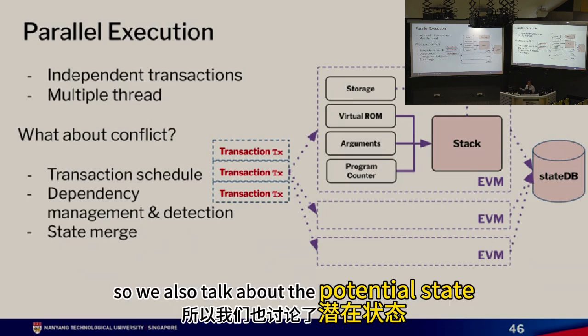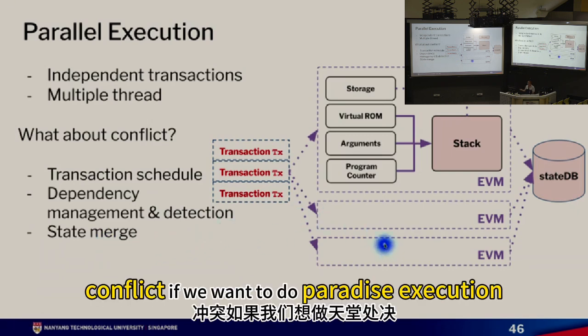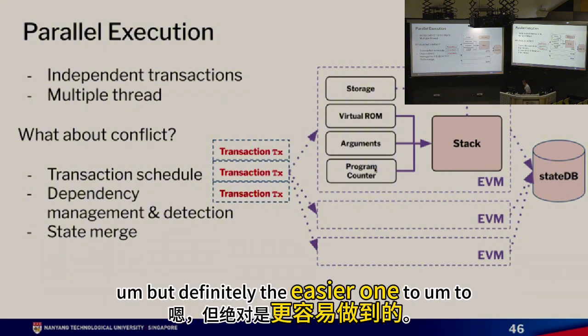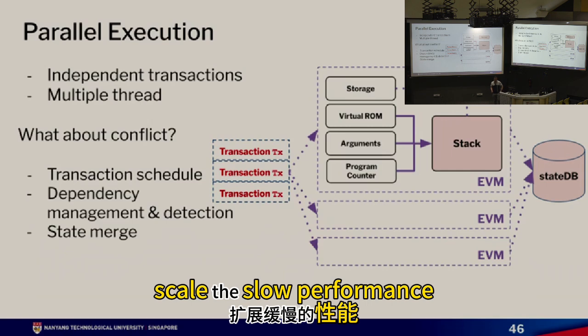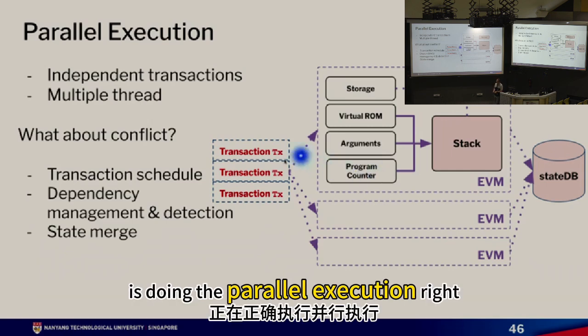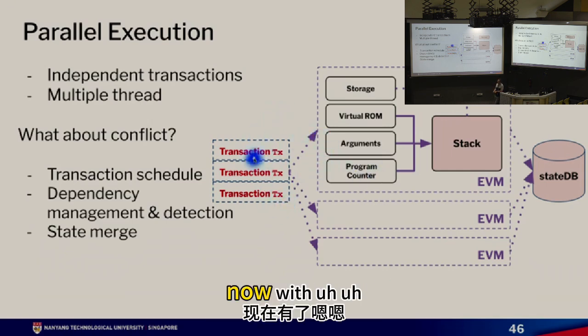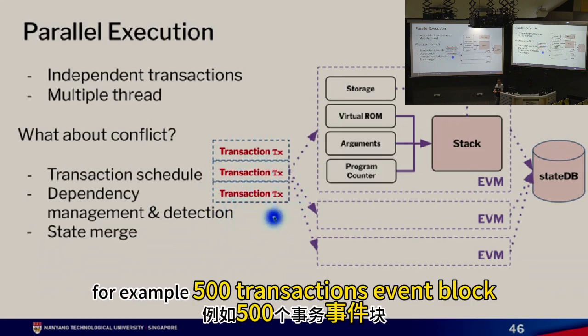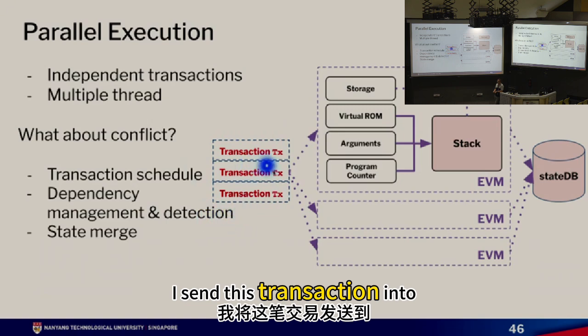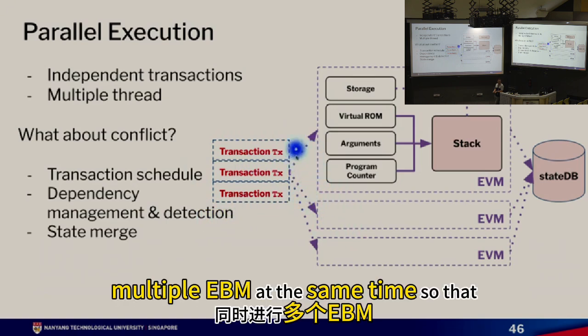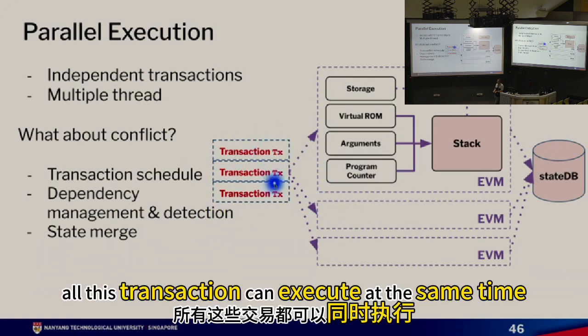We also talked about the potential state conflict if we want to do parallel execution. But definitely the easier way to scale the slow performance is parallel execution, right? For example, with 500 transactions in one block, I send these transactions to multiple EVMs at the same time so that all of them can execute at the same time.